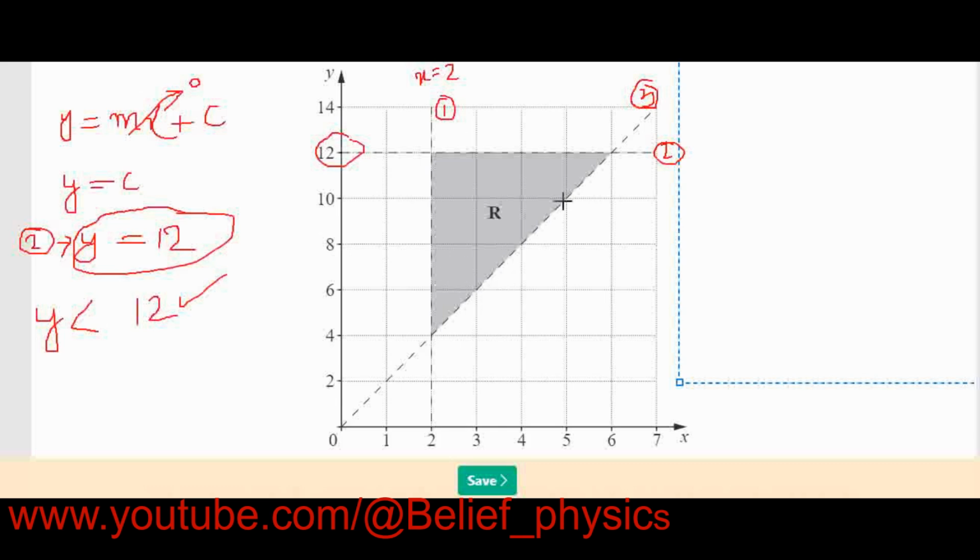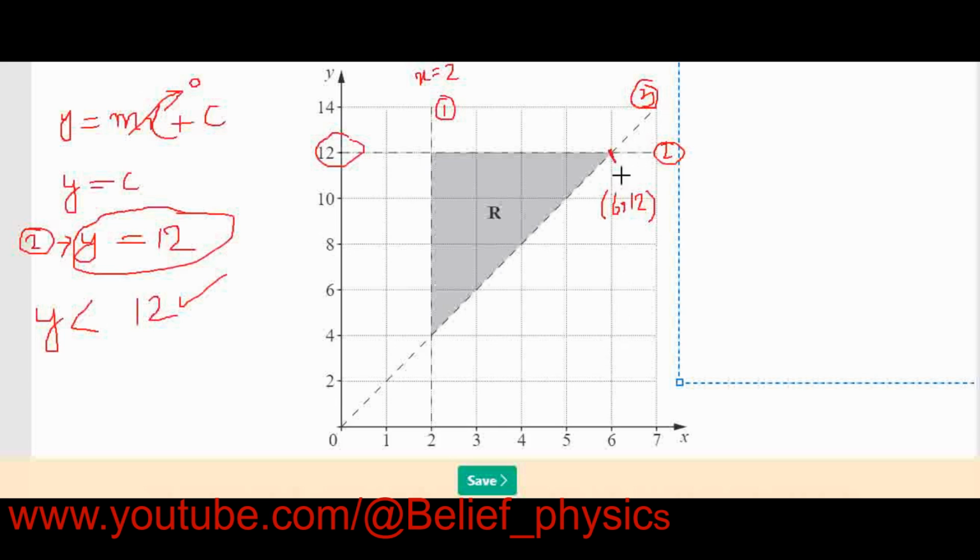The other inequality is defined by this line. This line has two points. This point is (6, 12), because this line is y equals 12 and this is x equals 6.